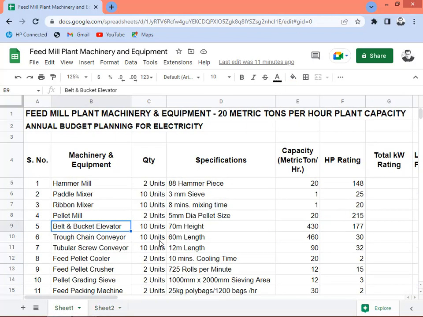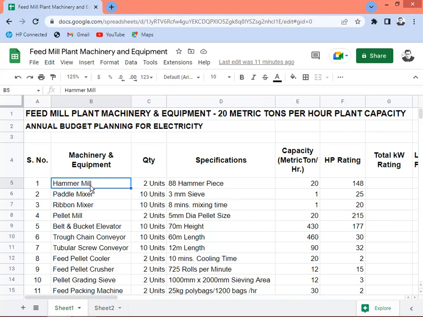All right, so we have some equipment here which has electric motors. The motors will naturally consume electricity, which contributes to the cost for our manufacturing production lines.